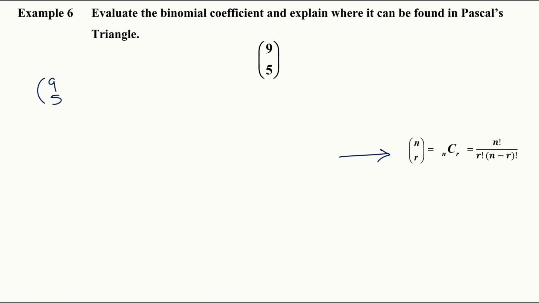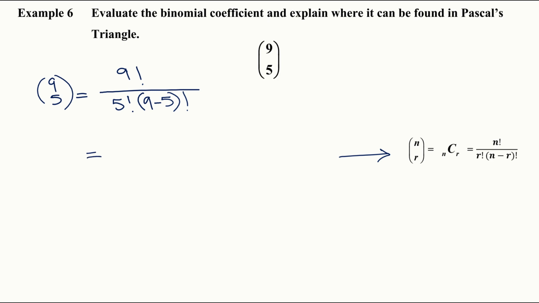So we have 9, 5. We know that should be 9 factorial divided by 5 factorial times quantity 9 minus 5 factorial, right?